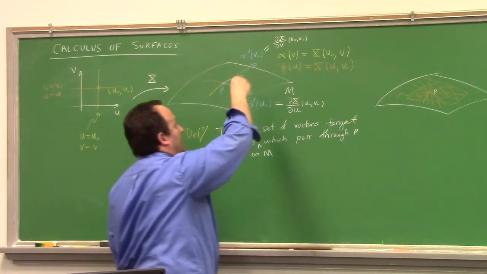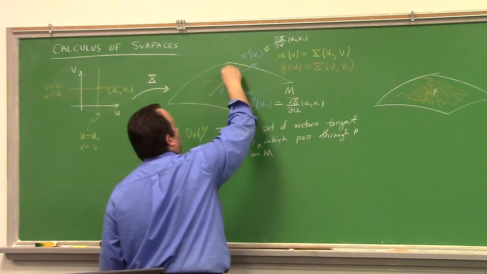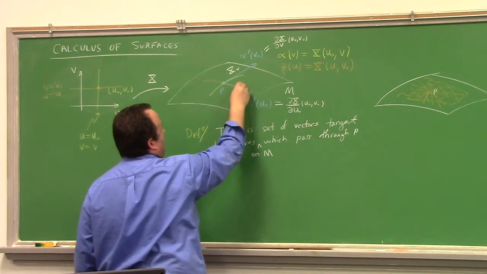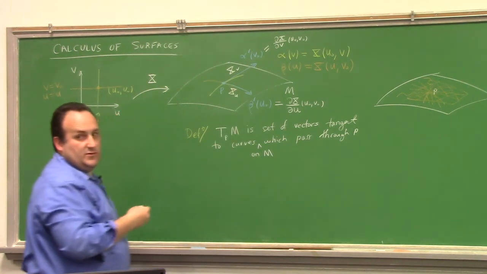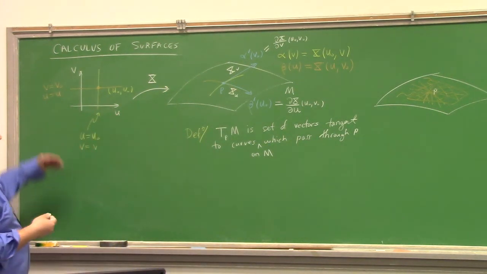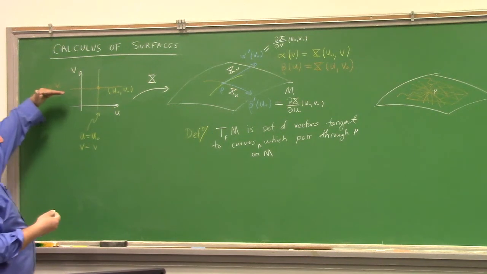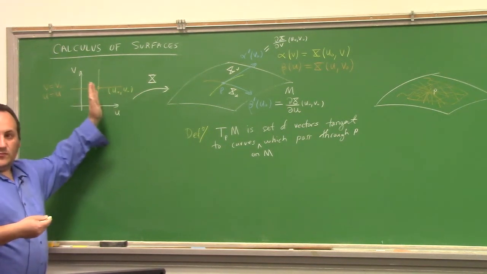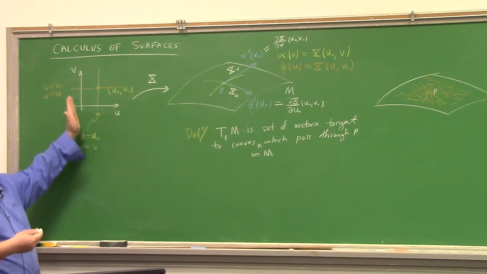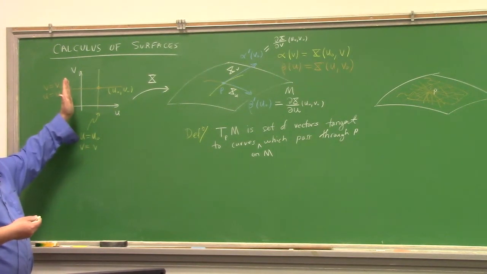In other words, this is x sub v, and this is x sub u at the point u naught, v naught. X sub u points in the direction of increasing u. X sub v points in the direction of increasing v. All right?